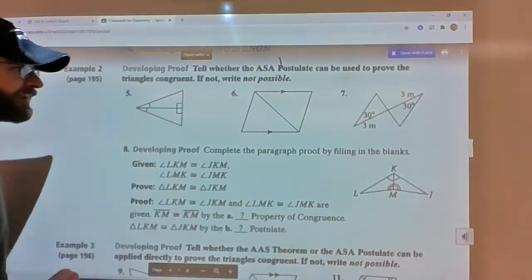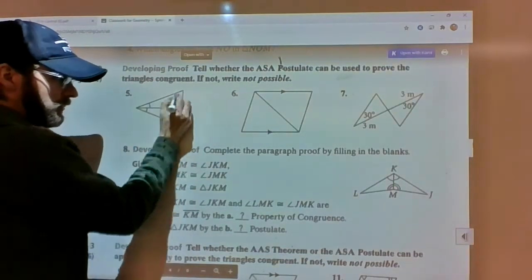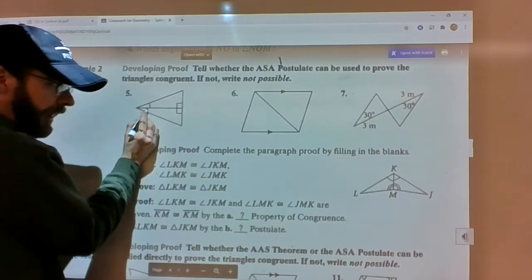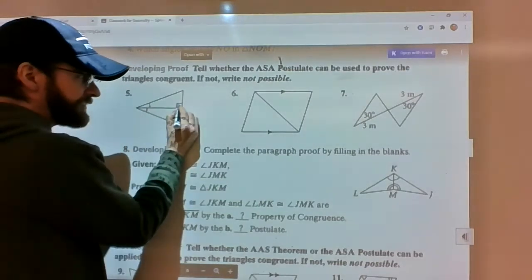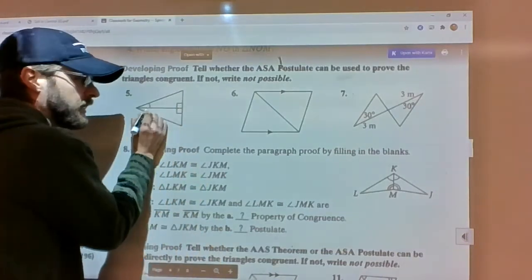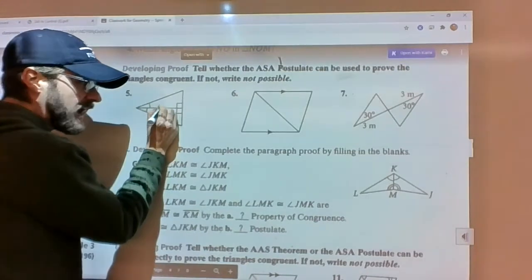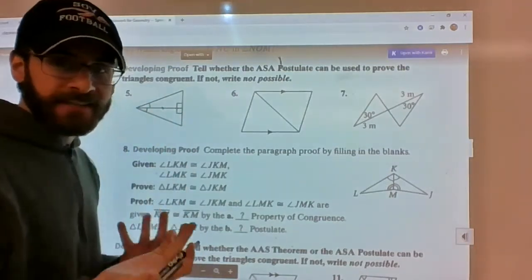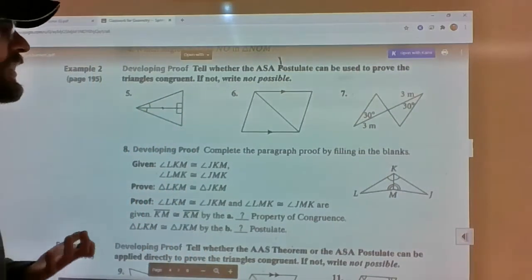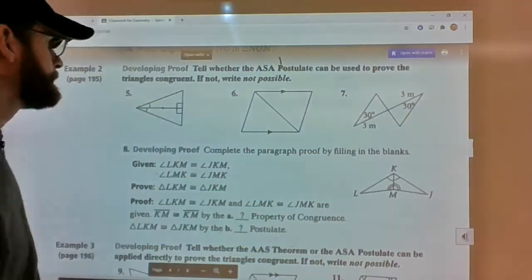So when you look at number 5, you've got an angle of the top triangle is congruent to angle of the bottom triangle. You've got the angle of the top triangle congruent to a different angle of the bottom. Now, this is a shared side right here, so you can say that this side is congruent to itself. So, can ASA be used to prove the triangles are congruent?